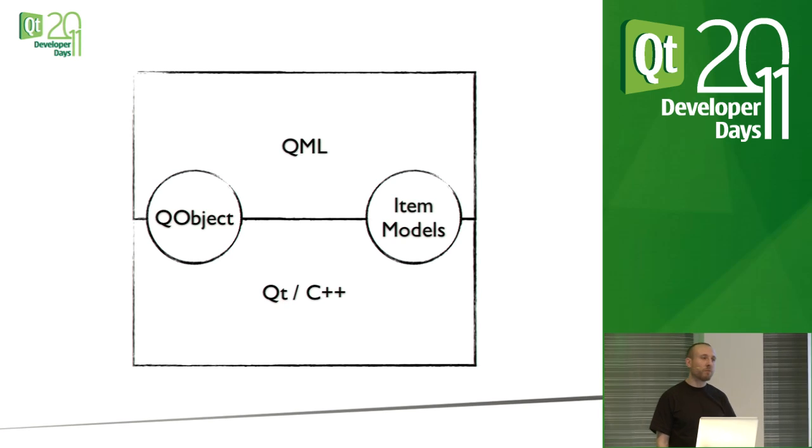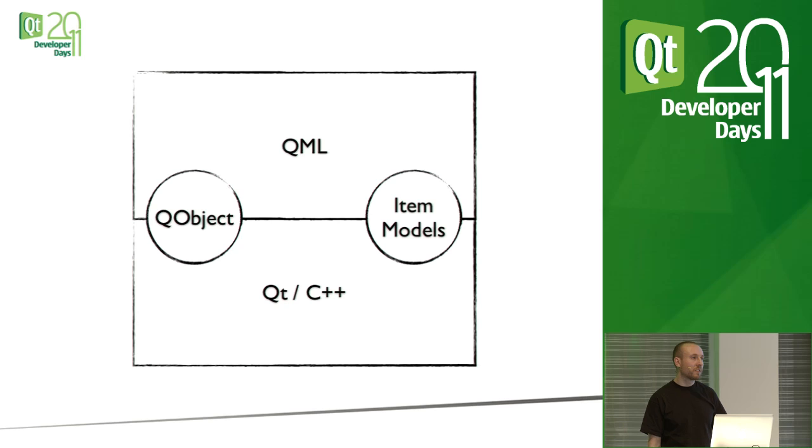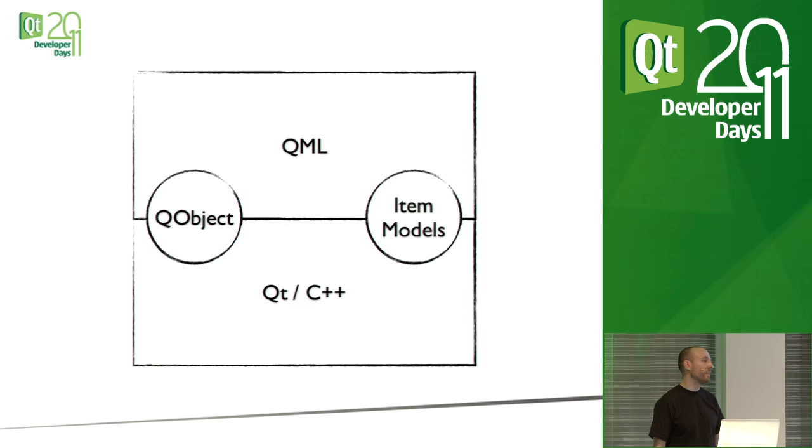And that worked for a while until I needed to reload the list and basically change it to something else. And then it all fell apart. So I had to go back to implementing item models. And the lesson from that is that you might as well implement your list as an item model in the first place, because there's a very good chance that you will end up doing that anyway at some point.